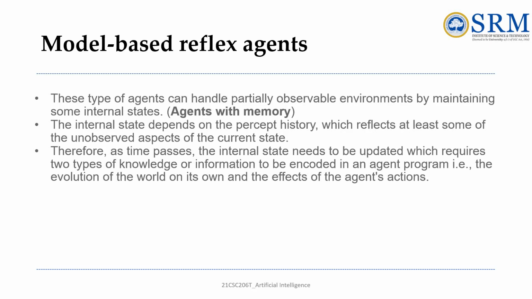Okay, so this agent requires two types of encoded knowledge: how the world evolves, for example, a door that opens when a button is pushed, okay, and how its own actions affect the world. That is, like knowing that if it turns left, it will face a different direction next. Okay.